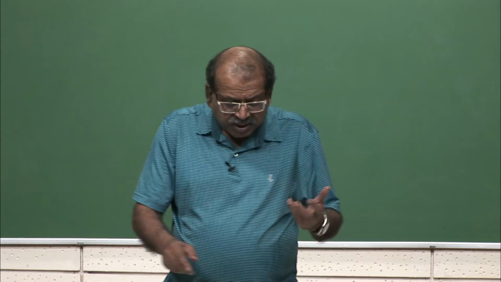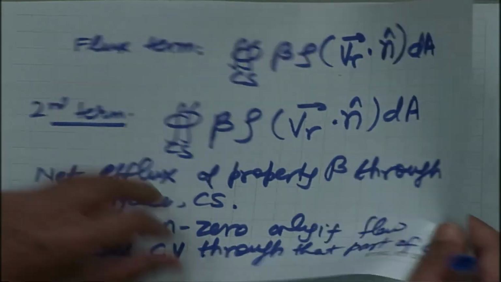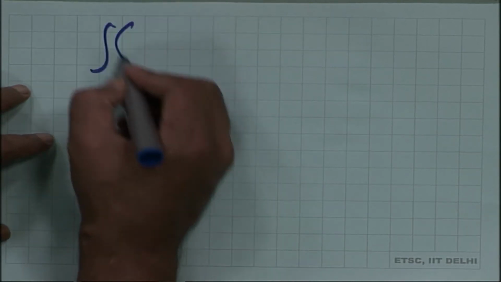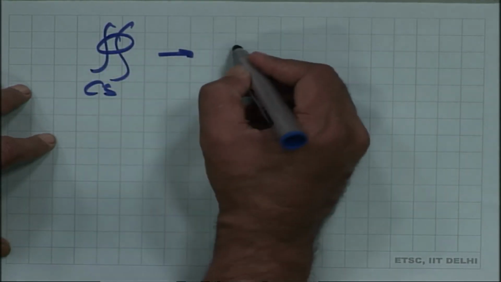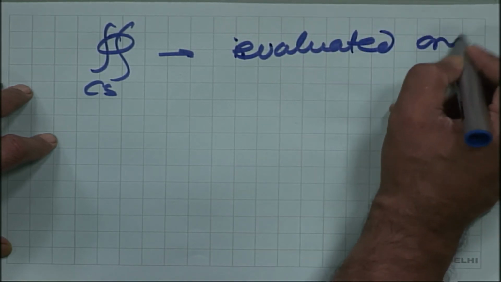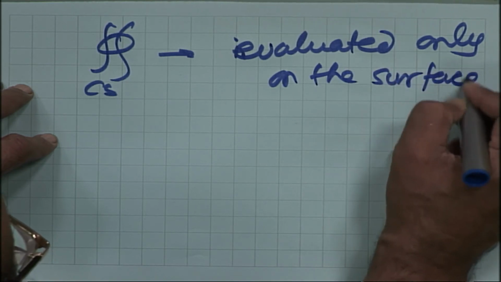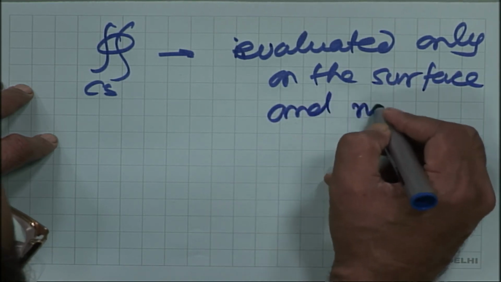The other thing which we have discussed again and again, this integral is a surface integral. So, it has to be evaluated only on the surface and not inside the volume.